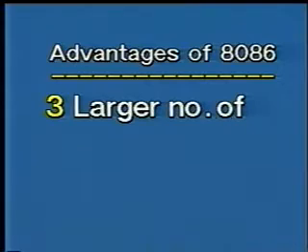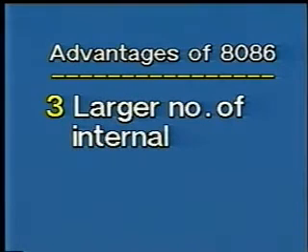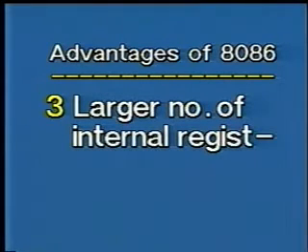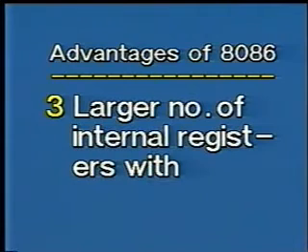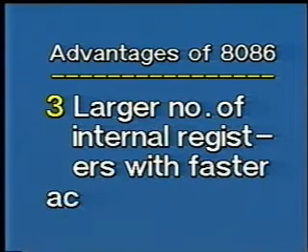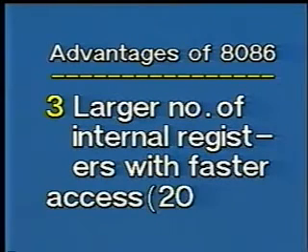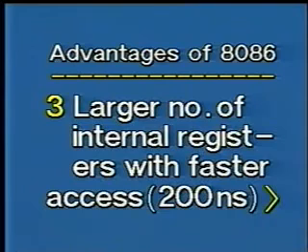The third advantage is that 8086 has a larger number of internal registers, thereby allowing software to be written more efficiently. Also, these internal registers can be accessed much faster, that is, 200 nanoseconds in 8086 as compared to 800 nanoseconds in 8085.